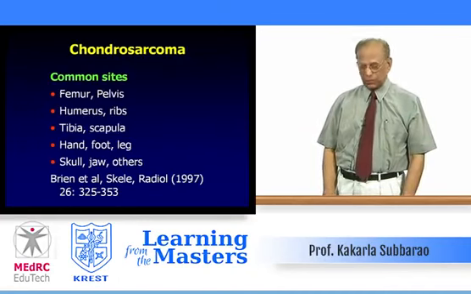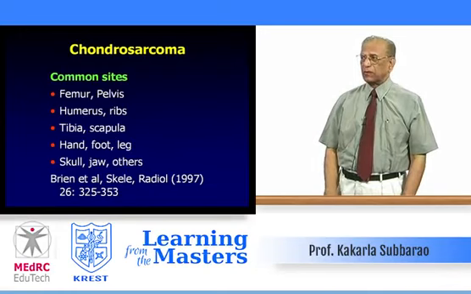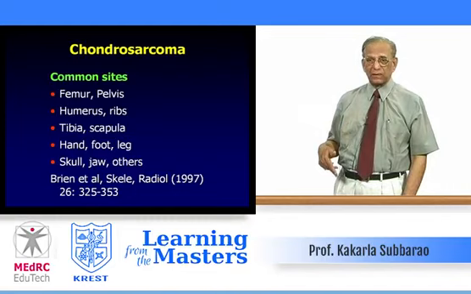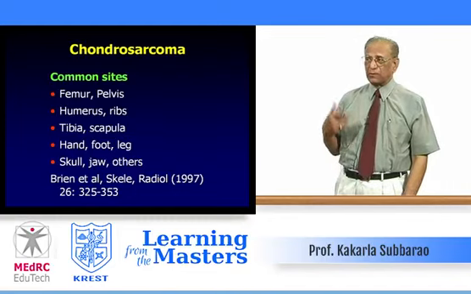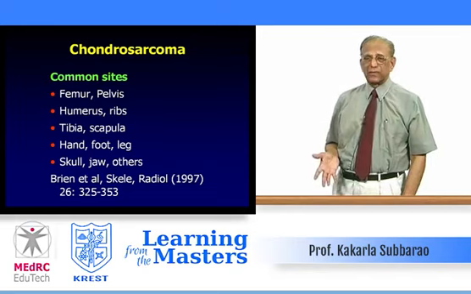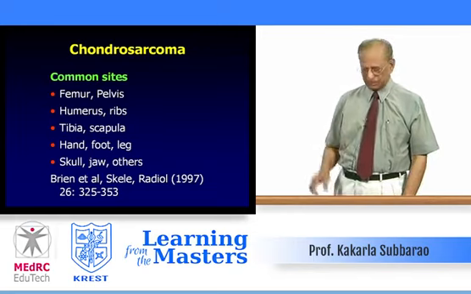Now, analyze the chondrogenic tumors, namely chondrosarcoma, common sites: femur, either upper or lower end, pelvis, iliac bones, ischial bones, humerus, ribs, tibia, scapula, hand, foot, and bones of the leg, skull, jaw, and others. These are the various common sites for a chondrosarcoma.